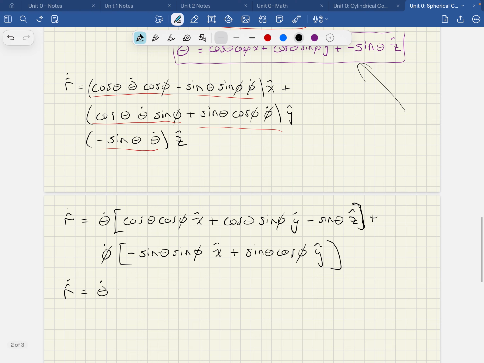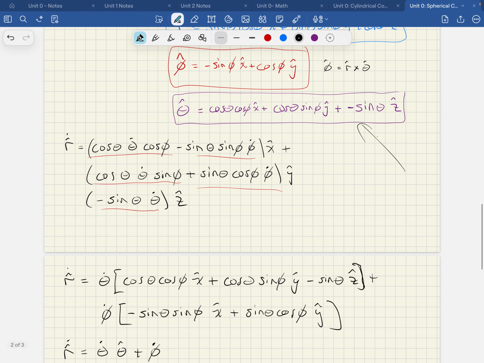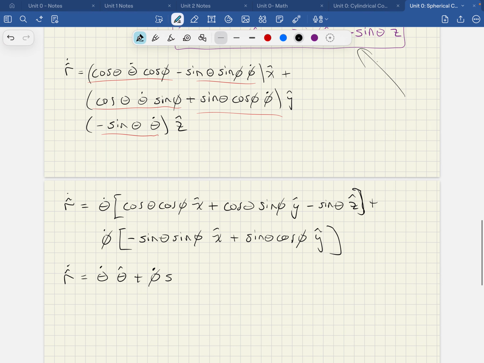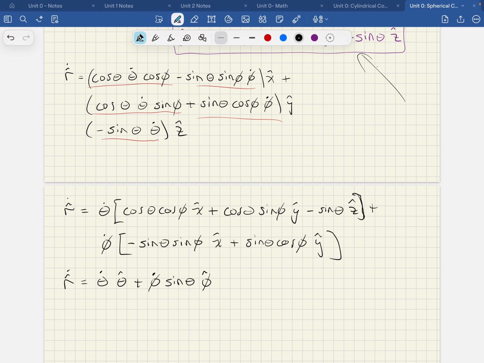So theta dot theta hat plus phi dot times the thing in brackets there, and interesting, it's equal to sine theta times phi hat.